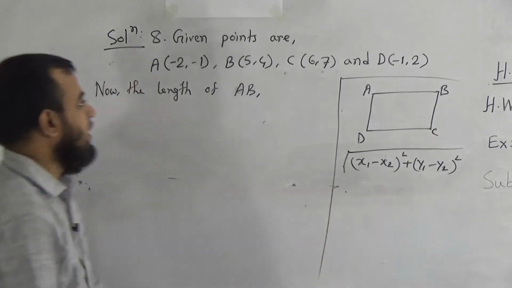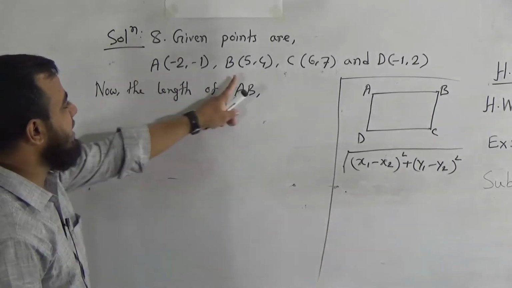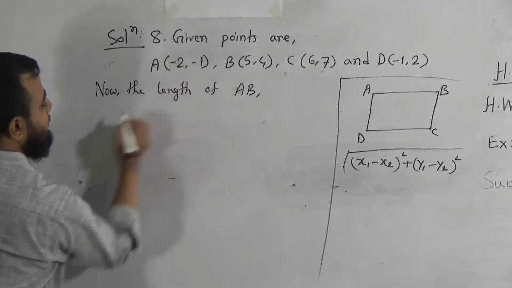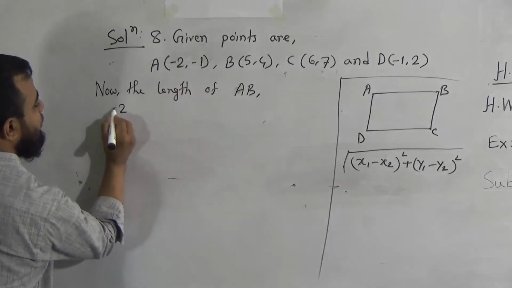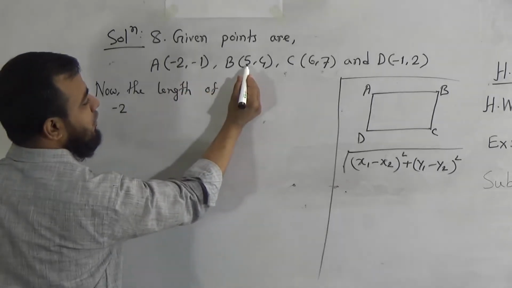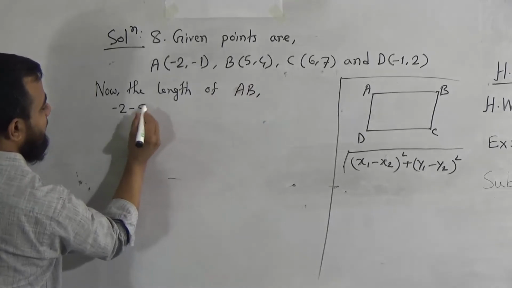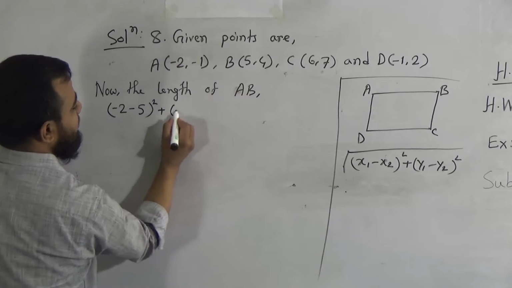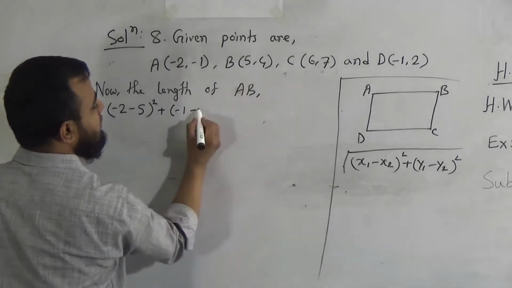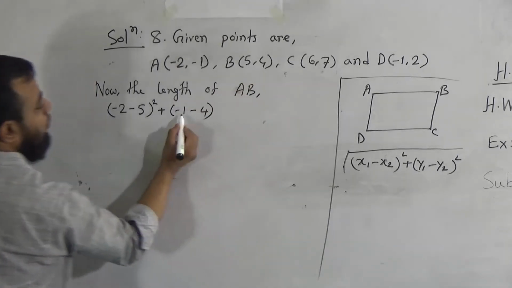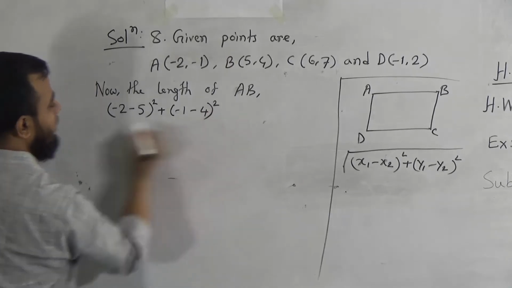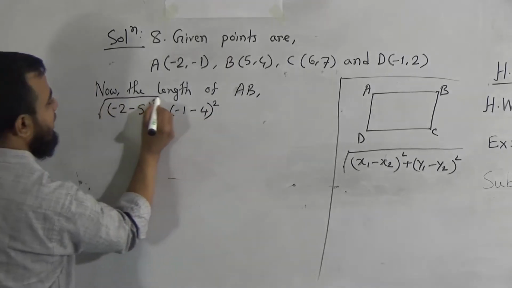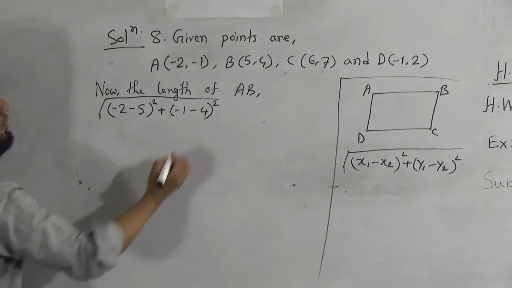Now we will find out the AB distance. For AB, x1's value is -2 and x2's value is 5, so (-2 minus 5) square, plus y1's value is -1 and y2's value is 4, so (y1 minus y2) whole square, whole to the power root. It will be the length of AB.